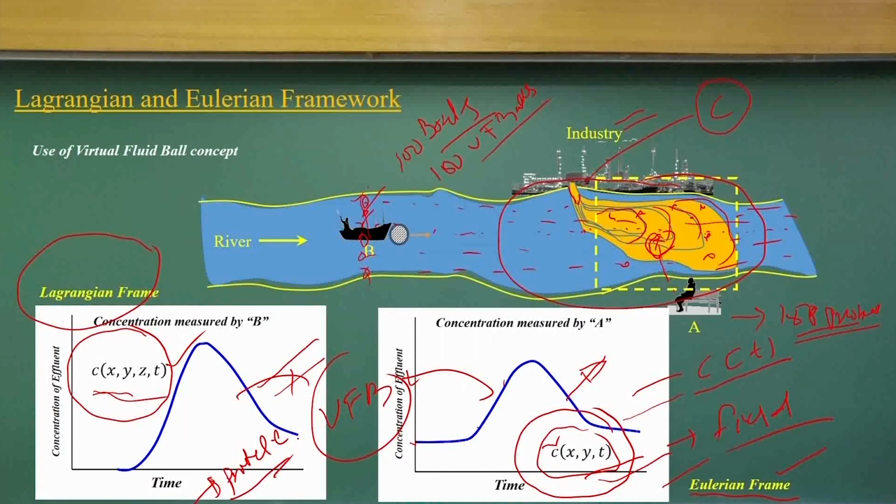Your textbook says that the Lagrangian approach is not necessary, and I do believe that could be true long back. But now, having such a big computational facility, we can think of the intermediate virtual fluid ball concept, where you can understand in two ways, in a Lagrangian frame as well as the Eulerian frame.